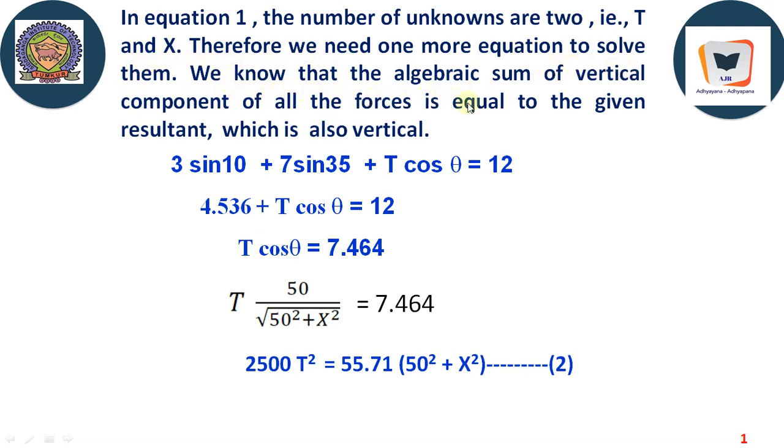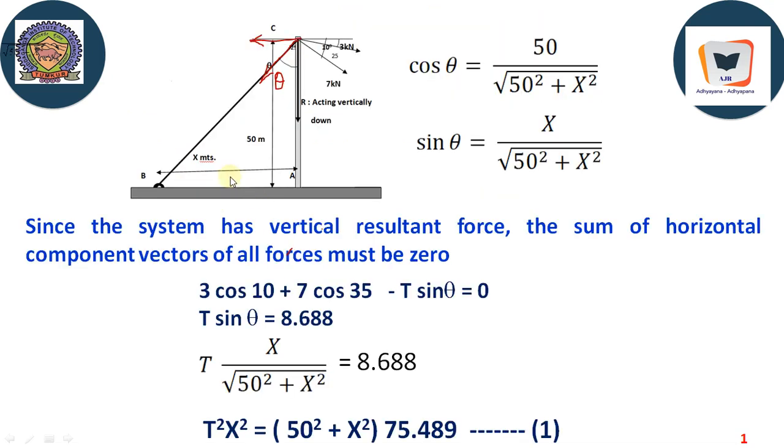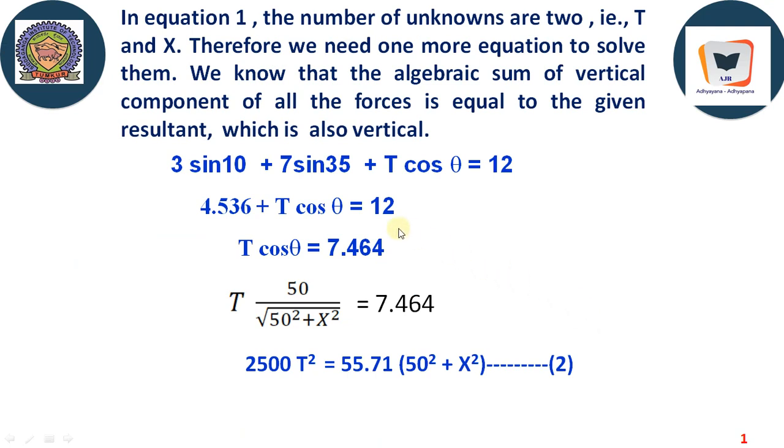We know that the algebraic sum of the vertical components of all the forces is equal to the given resultant, which is also vertical. Therefore, 3 sin 10 acting vertically down, and 7 sin 35 acting down, and T cos theta acting down, equal 12.